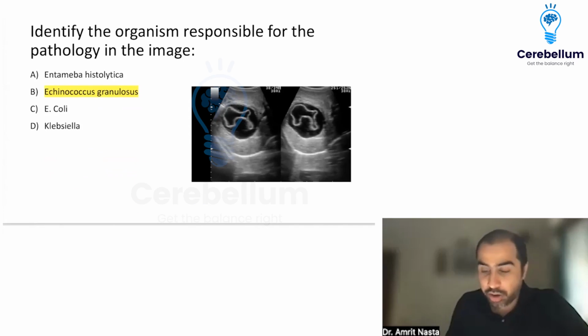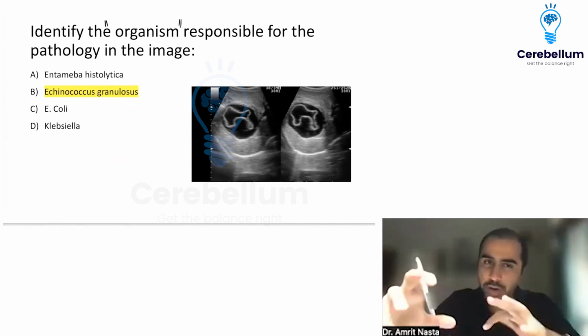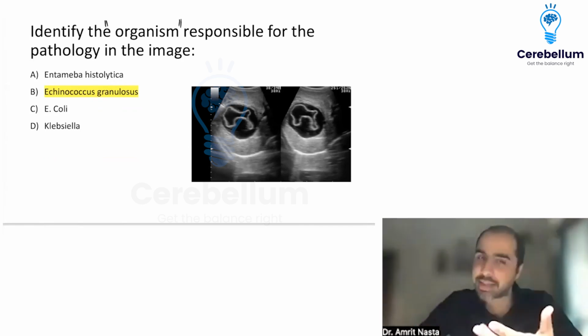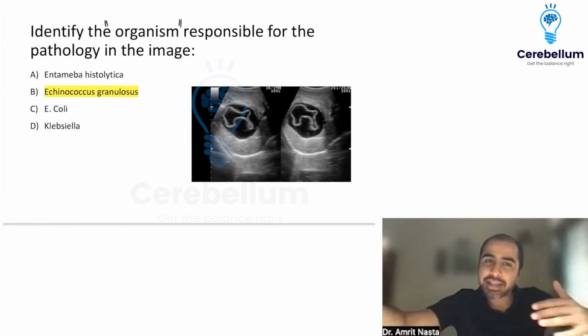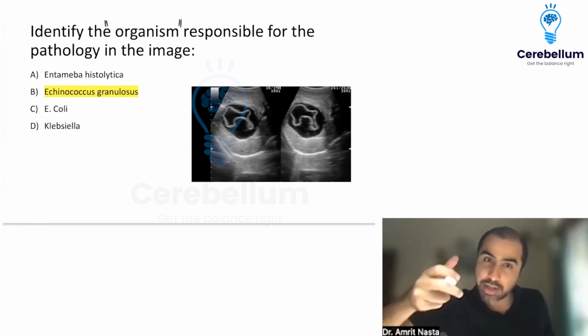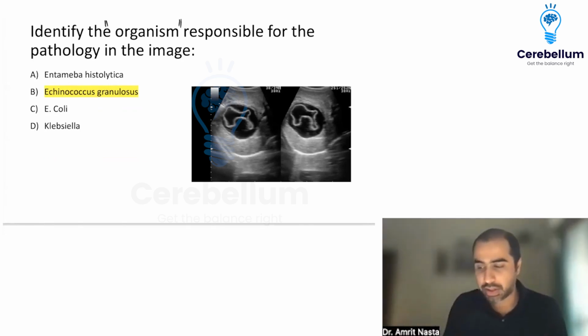Identify the organism responsible for this image. Basically, a lot of the questions which were PYQs, I transferred them into PYTs, a step ahead, a step back, because they may not ask the same repeat. So at least if they're twisted, you should know. This is a floating membrane sign or water lily sign.